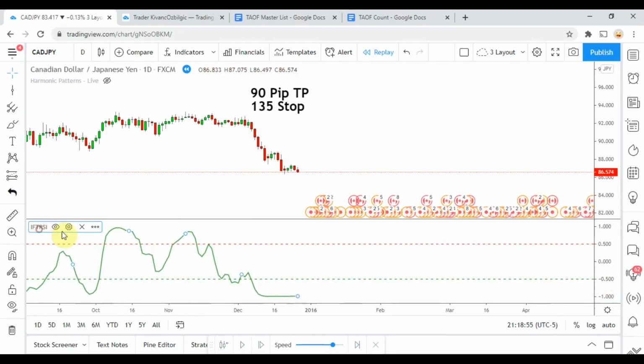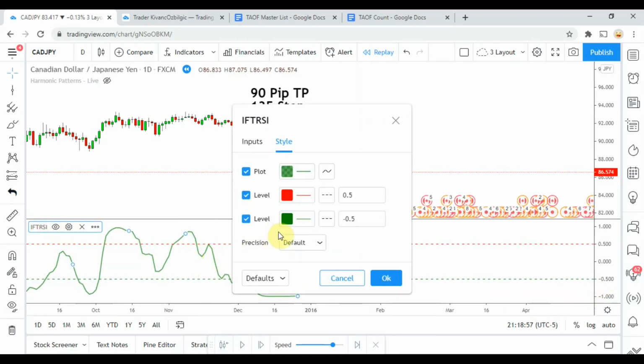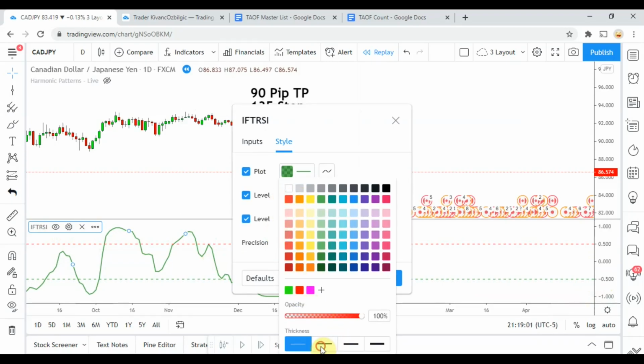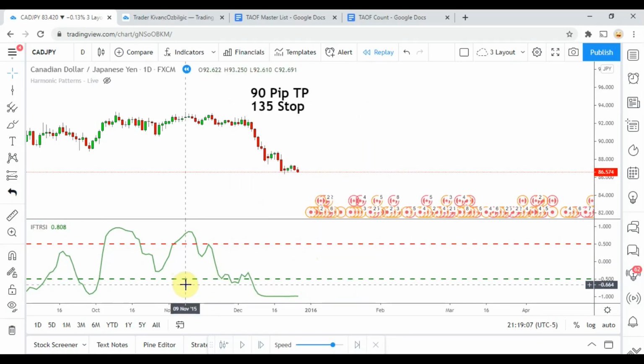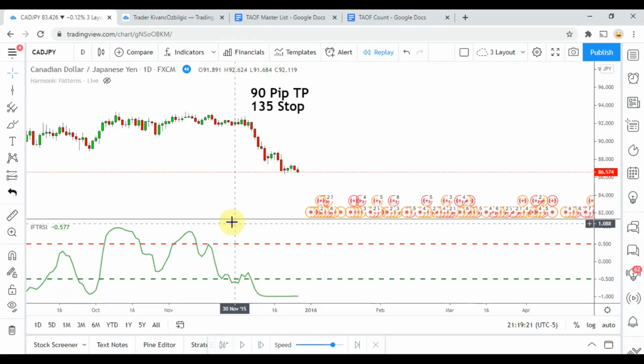But you can see, I know it's actually kind of a little bit challenging to see, but if I go in here and I increase, there we go. Now you can see it a little bit better. So up here at the top, we have this red dotted line, and it is at the positive 0.50 marker.